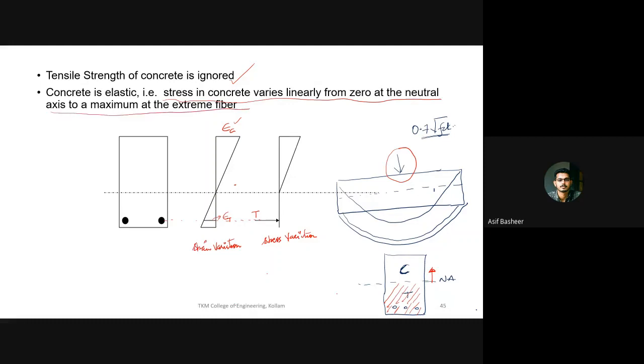This is the allowable stress, sigma C allowable, which is approximately 0.33 fck. You will get the value for sigma C allowable in Annex B for the different values of fck.